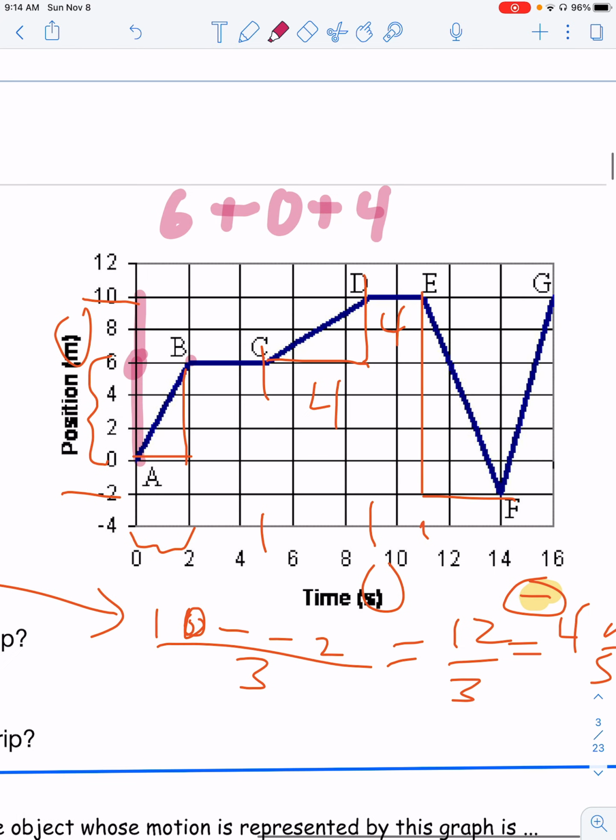Then D to E, I didn't go anywhere. Then E to F, I went 12, from 10 to negative 2, right?